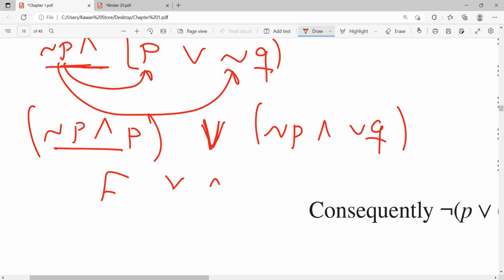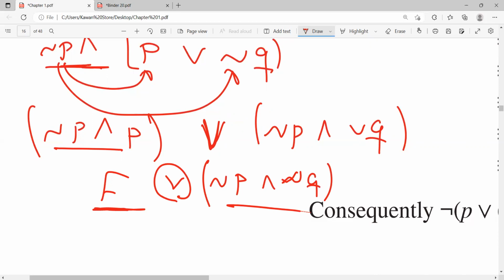Or negation P and negation Q. Am I right? And false or something will give you itself. We say P or F will give you P. Am I right? So again, false or something will give you the same thing.